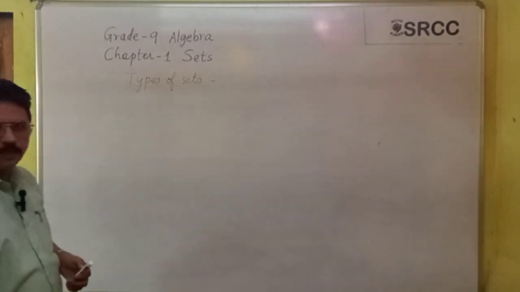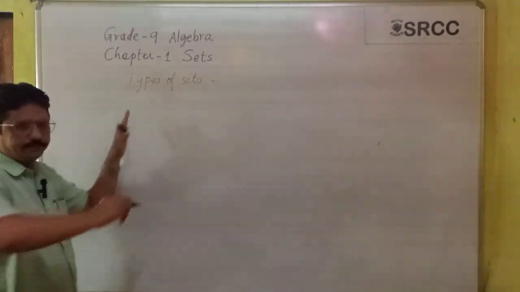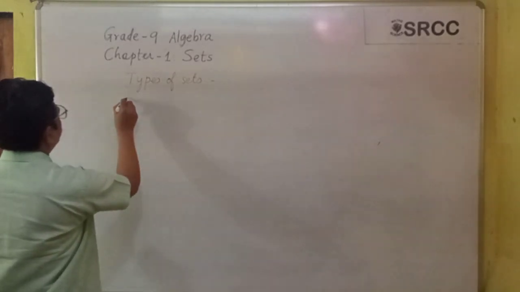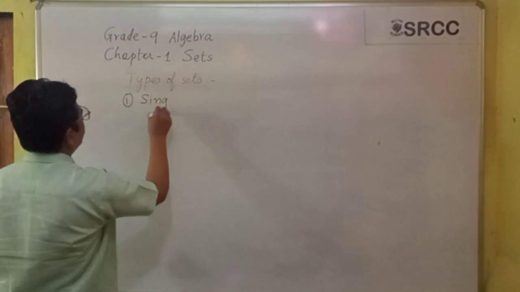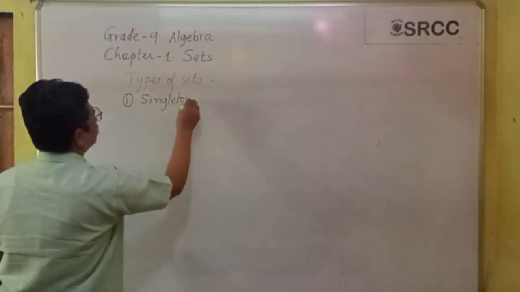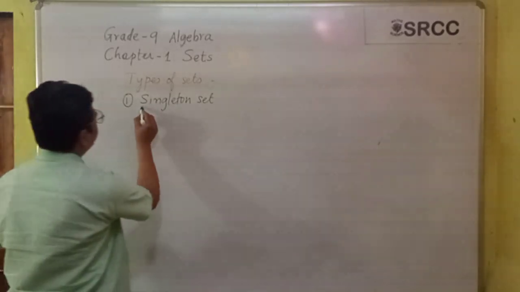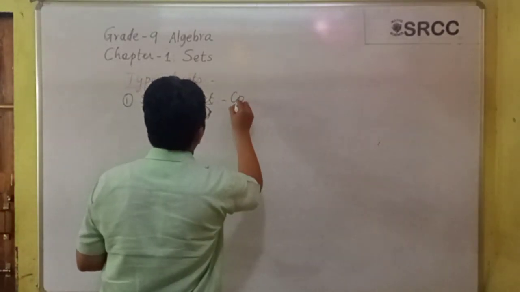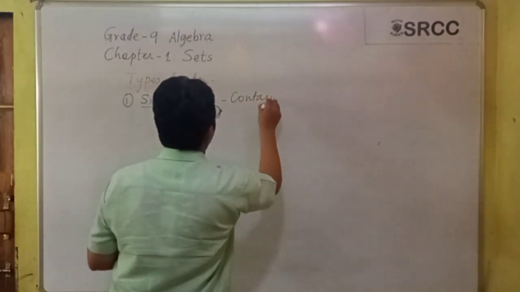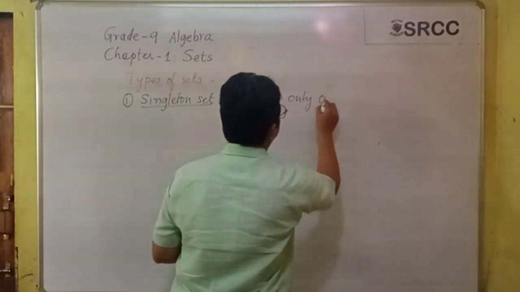Types of sets. Here we have to understand different types of sets, as one is the singleton set. A singleton set is that set which contains only one element.